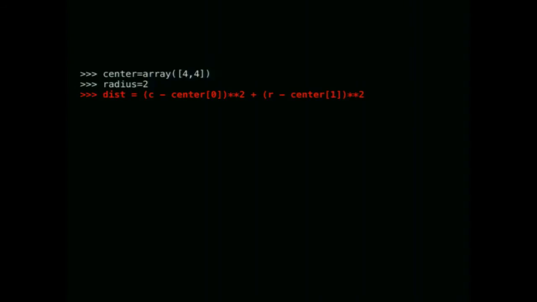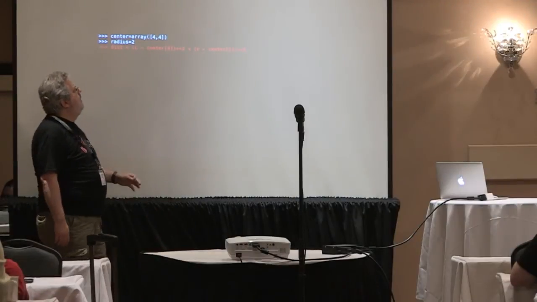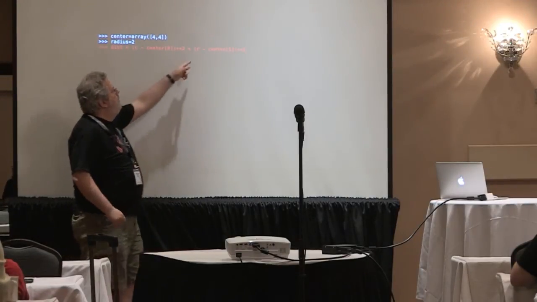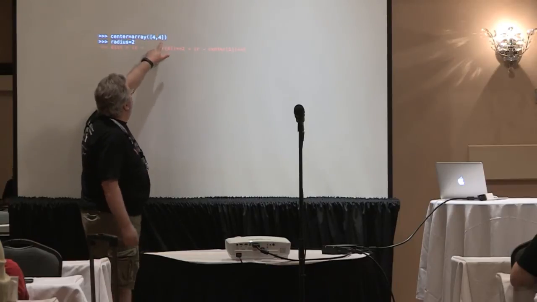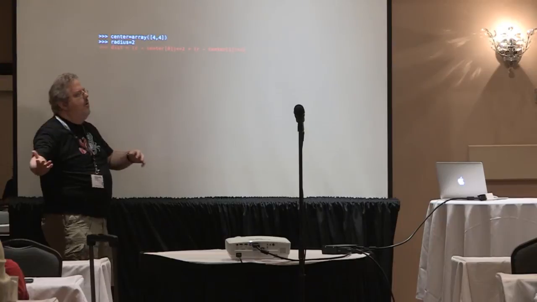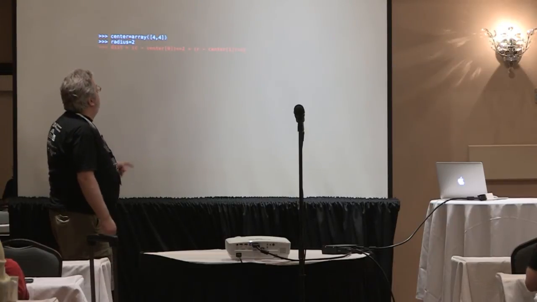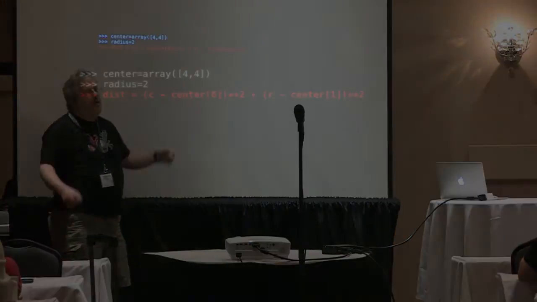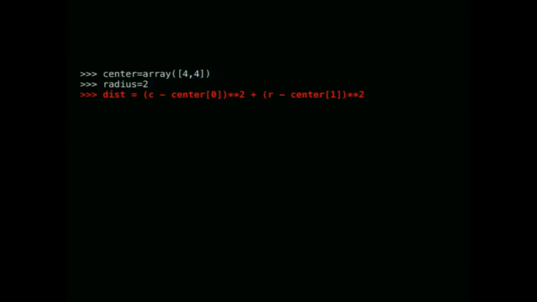And I'm going to do the same thing here. I have all the r's, and I'm going to subtract 4 from all of them. I have another 100 things. I'm going to square all of those, and then add these things together. So now I have 100 things where I've added the squared distance in the x position and the y position. That's a formula I showed from before.